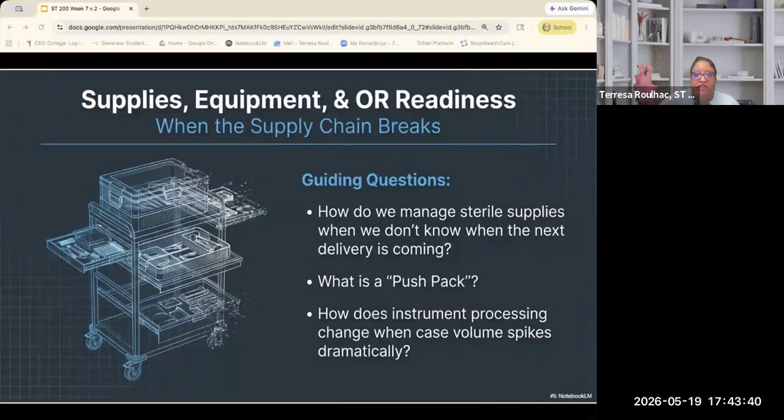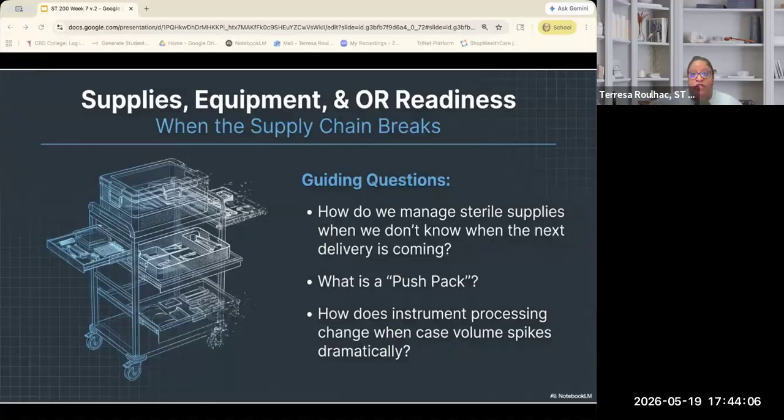Instead of 150, we are now looking at 450 cases, right? Every room is allocated. Even the rooms that we usually keep open just for trauma. All 16 rooms, and room 16 is our heart room, but that's got to be allocated too. So all of those rooms are allocated with 450 cases, okay?